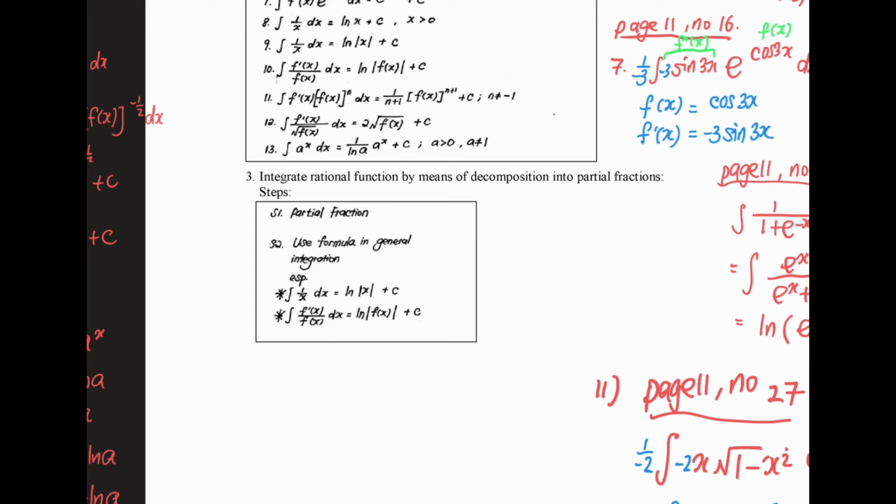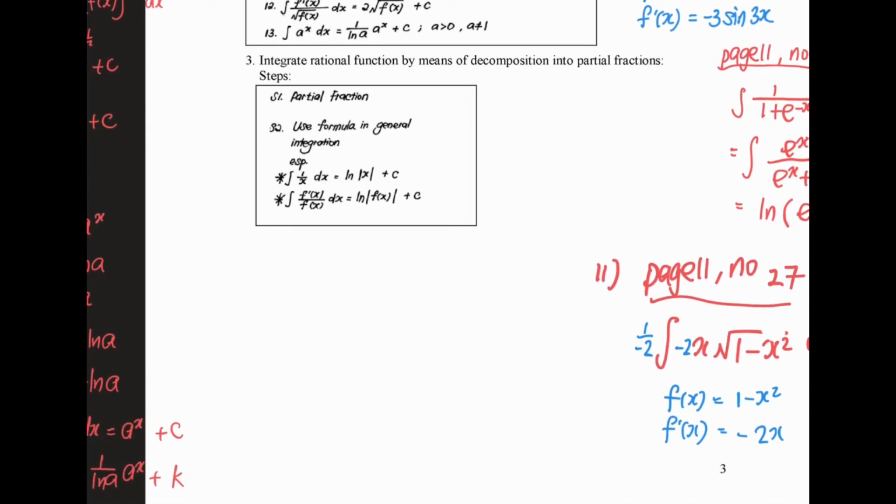Now let's see one example which involves partial fractions. For example, let's say I use a question on page 11, number 34. We have to integrate x minus 13 over x squared minus x minus 6 dx.